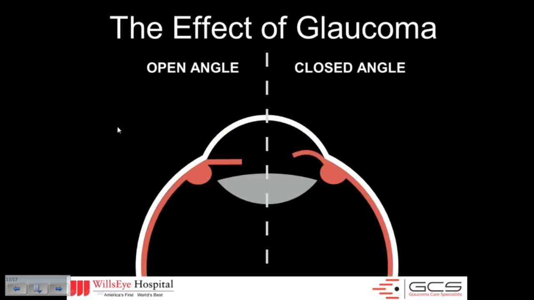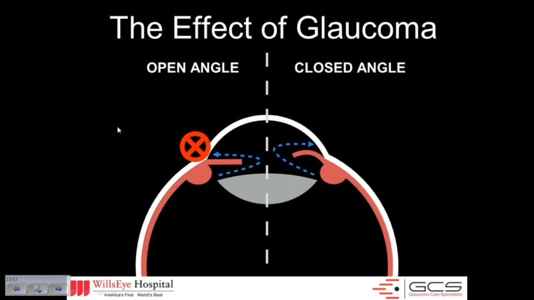So let's talk about the effect of glaucoma on the normal fluid pathway. There are two major forms of glaucoma. One is open-angle glaucoma. The second is called closed-angle glaucoma. In open-angle glaucoma, we can see that the aqueous has clear access to the trabecular meshwork. For one reason or another, the aqueous has a hard time passing through it, and that's the problem with open-angle glaucoma.